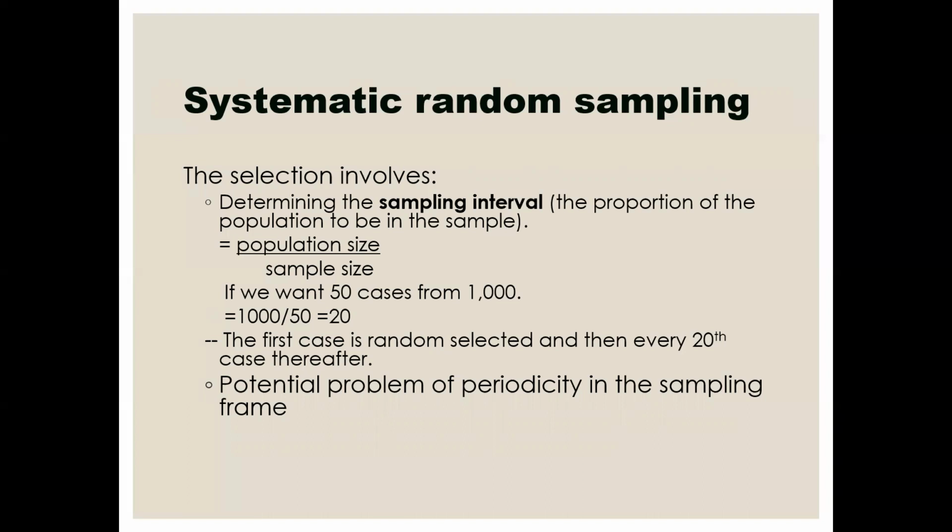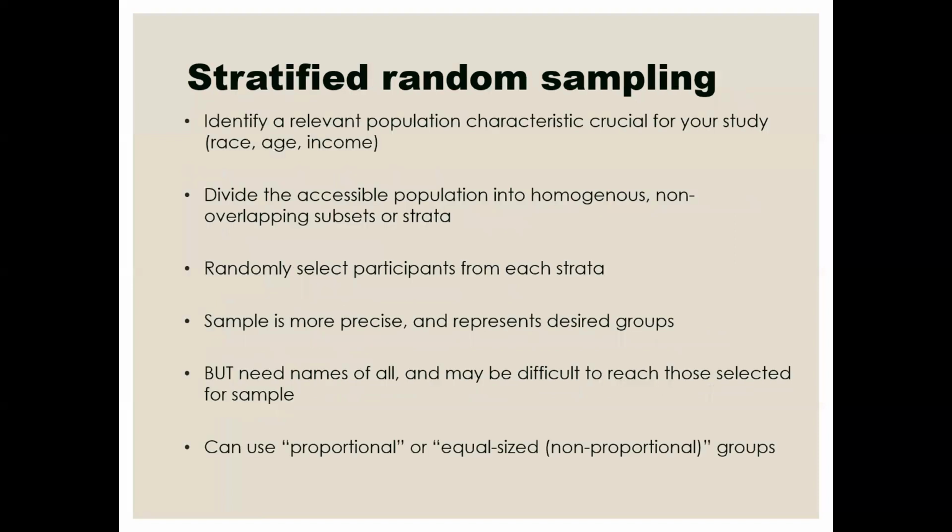But again, if every 20th person on that list happens to be someone who's a new hire, you're going to get a list of all new hires, right? So it gives you a way to approach random sampling without having more complex, computer generated sampling lists, but it also has that risk of periodicity in the sample.